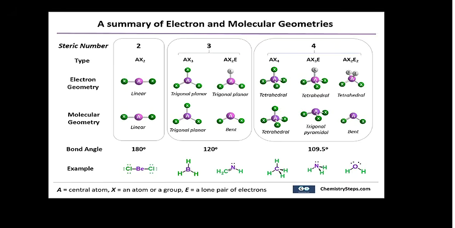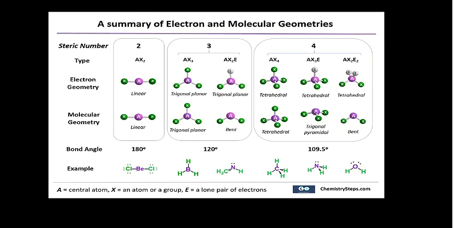Now, what exactly is the difference between electron and molecular geometries? Electron geometry involves showing the lone pair of electrons on the central atom.